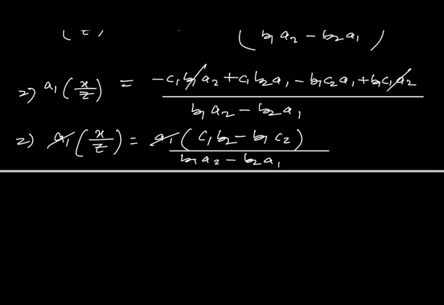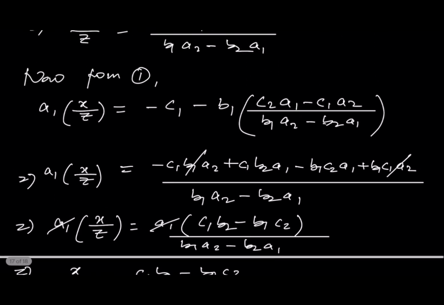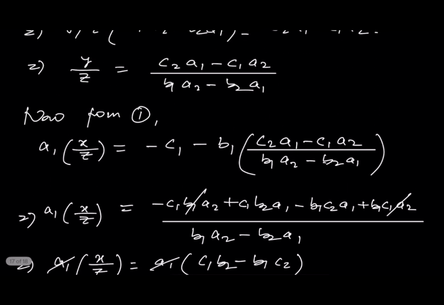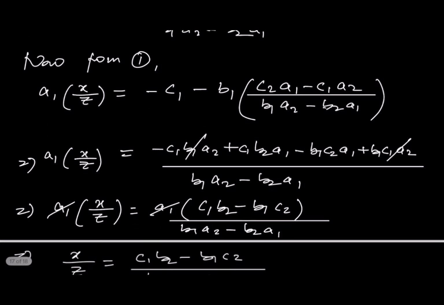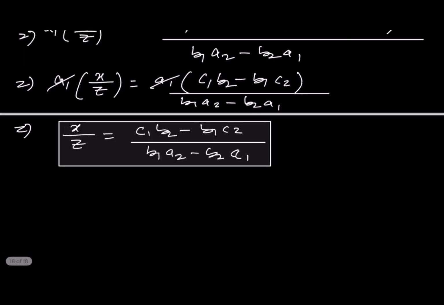So from here I am getting x/z as (c1 b2 minus b1 c2) upon (b1 a2 minus b2 a1), right? So y/z is this and x/z is this, right?